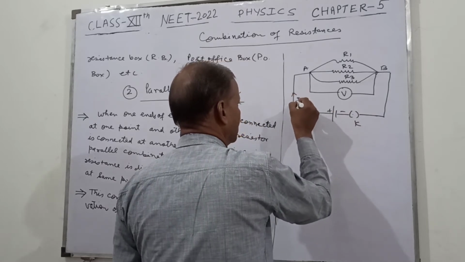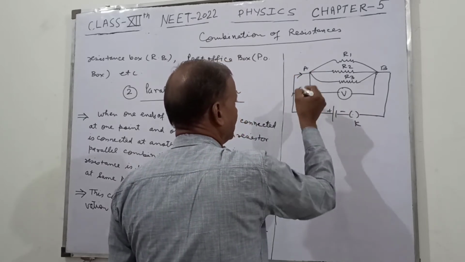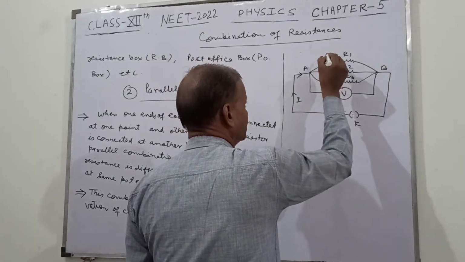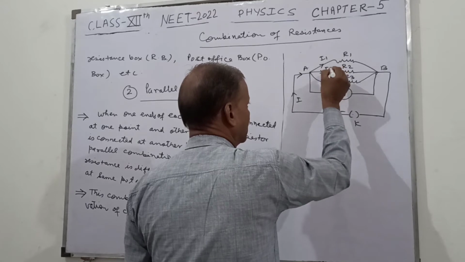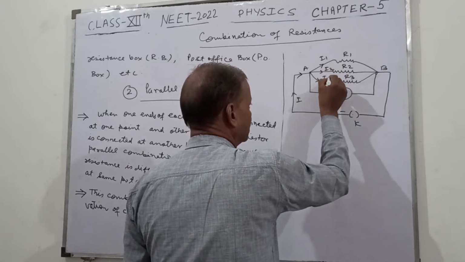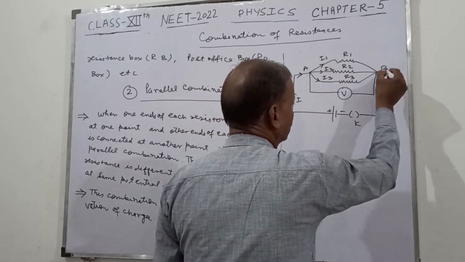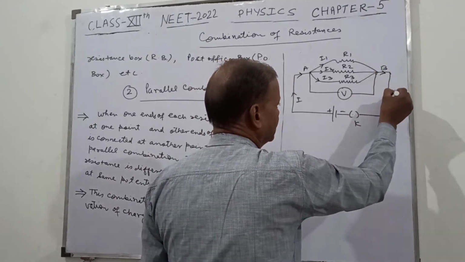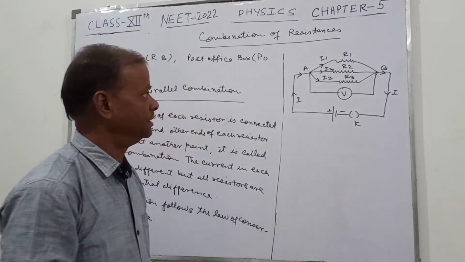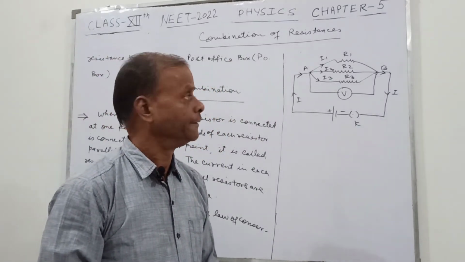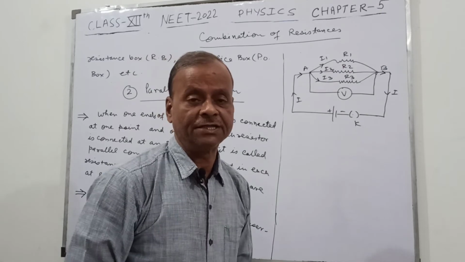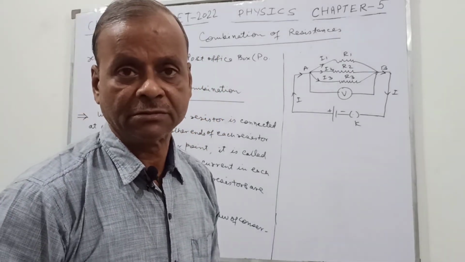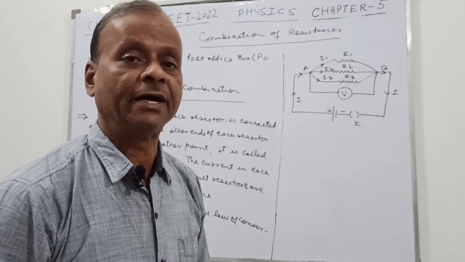Here the current is I. Then this current is divided at this point A into three parts: I1, I2 and I3. Then all the currents are combined at this point B, and again there is the current I in the circuit. So here the division of the current is according to the resistance. Higher resistance will have low current and low resistance will have high current.